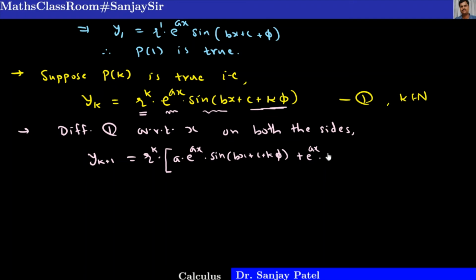So this I can write as cos of bx plus c plus k phi into b, okay, like this.